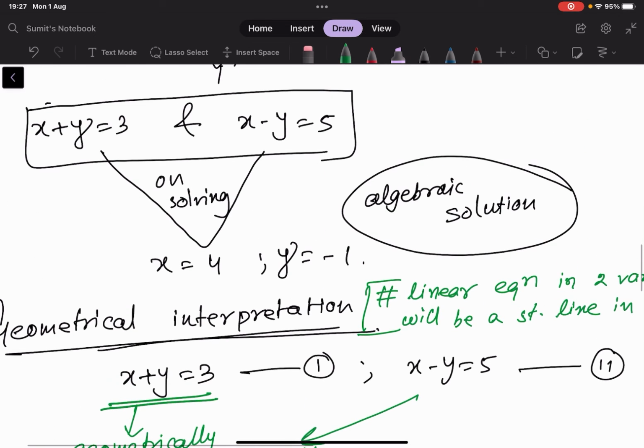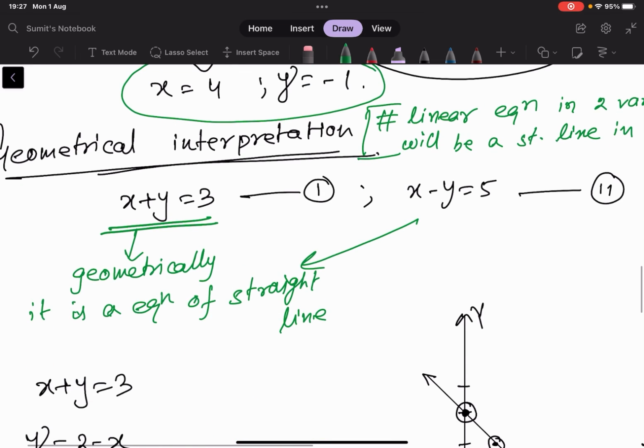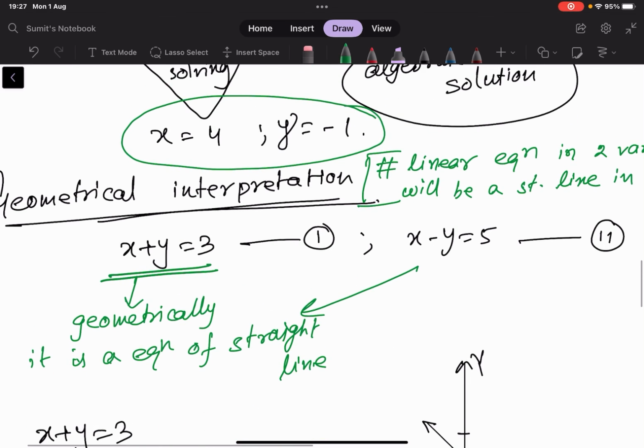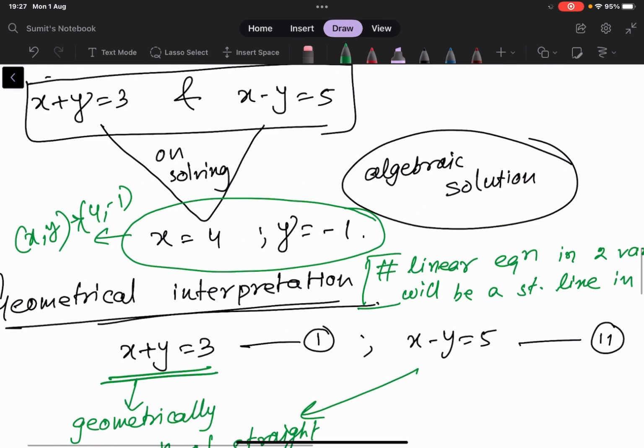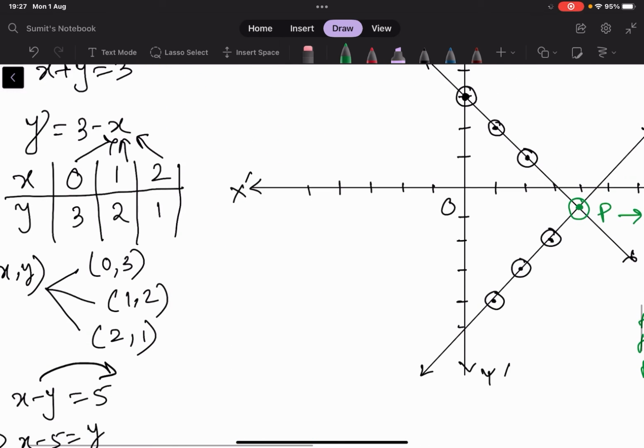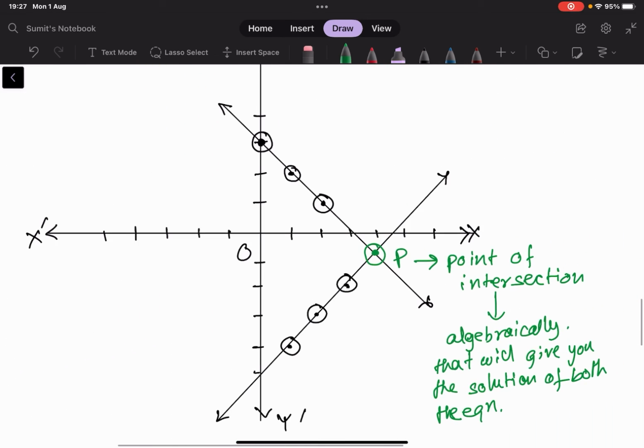You can say x equal to 4 and y equal to minus 1, na? That means if you take x comma y, the point generated is 4 comma minus 1. That was the solution, na? That means the P point is just this point, 4 comma minus 1 only.